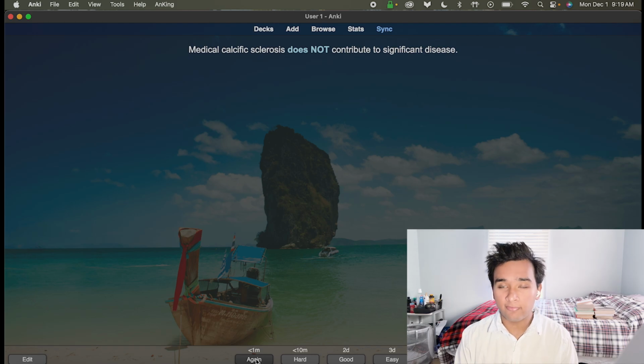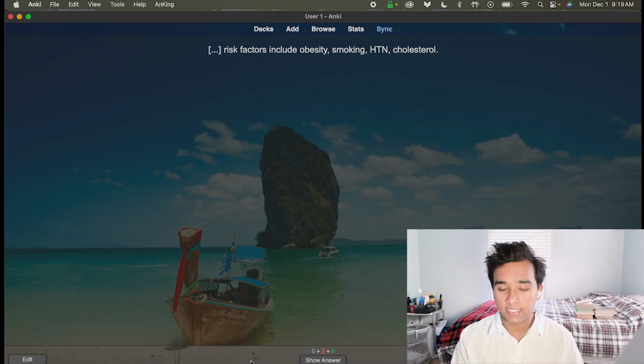But once I have answered it correctly, I can press the space bar, which will automatically do good. I hope that makes sense. So for example, I'm hovering my cursor over again, but I know this card says does not, so I'm going to press my space bar and it will say good. And as you can see, the red number decreased, which shows that that card has now been finished for the day. It will come back in 2 days because that's what the good button showed.